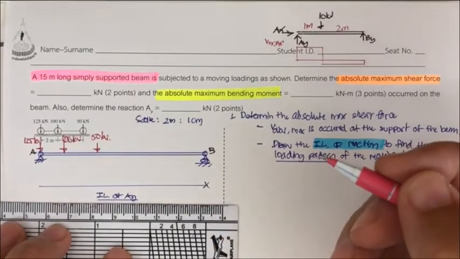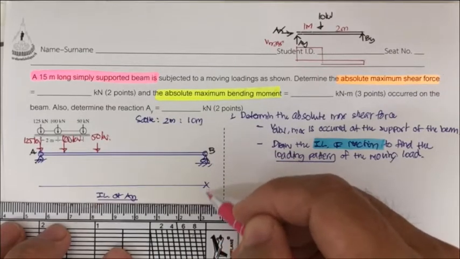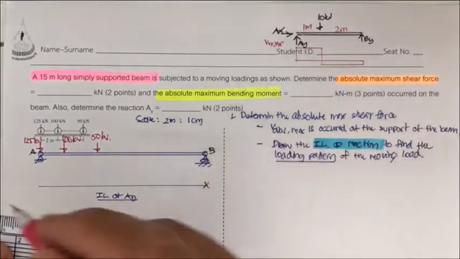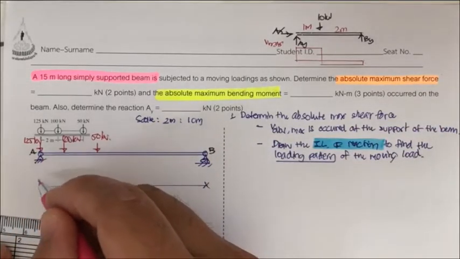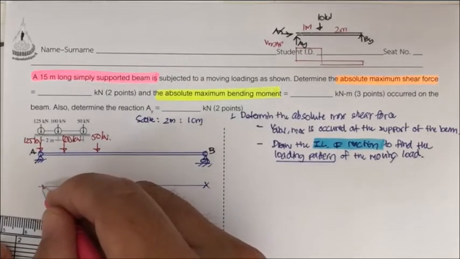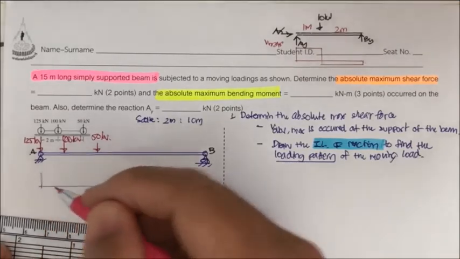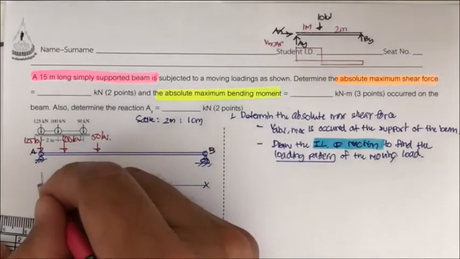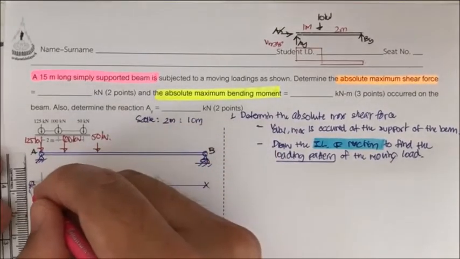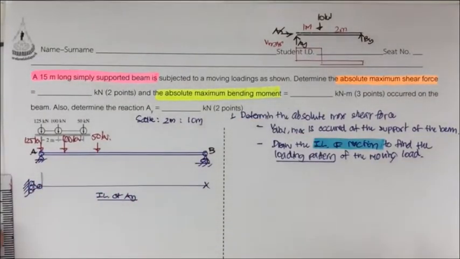This is going to be the roller. The roller cannot move vertically. It only allows rotation, right? And for the pin, we're going to use the Müller-Breslau law. If we use the Müller-Breslau law, we allow A to move in the vertical direction. However, since it is a pin, there's still resistance in the x direction.